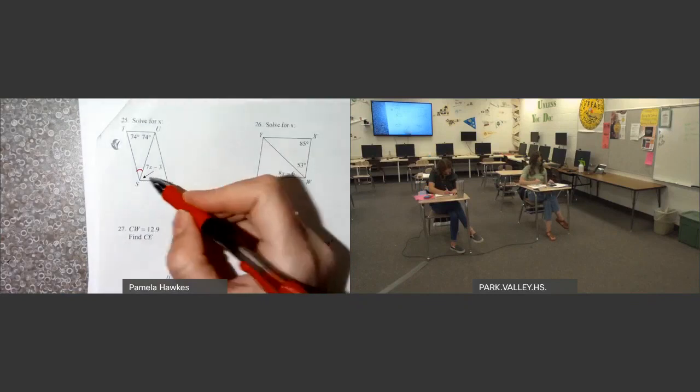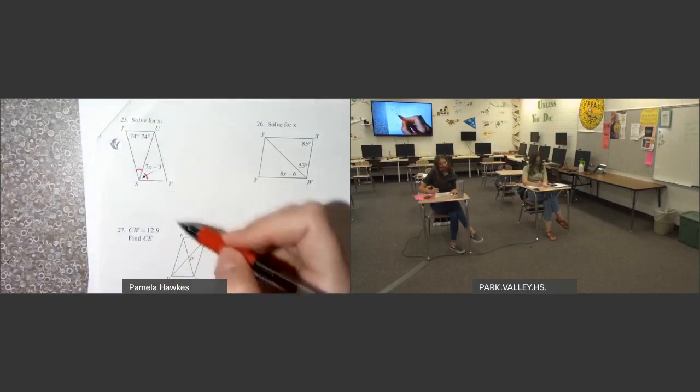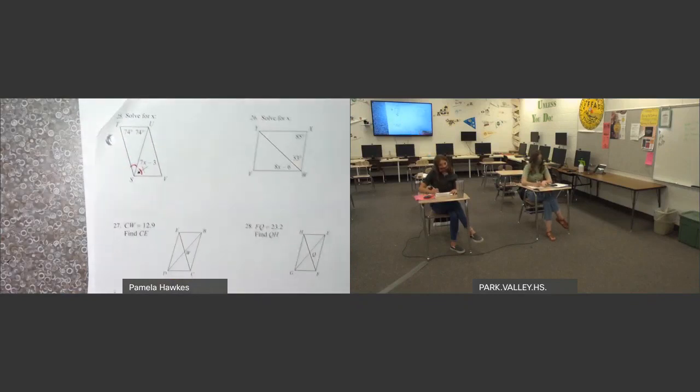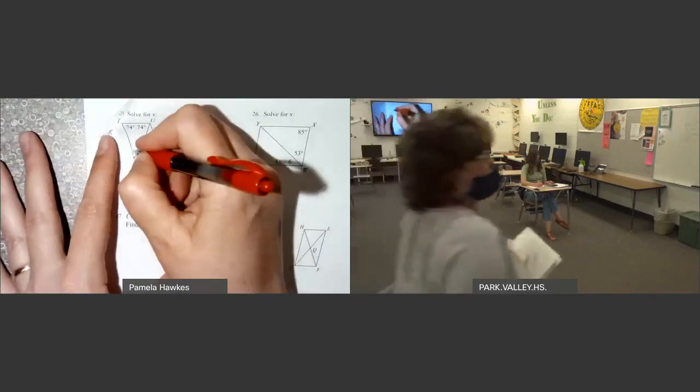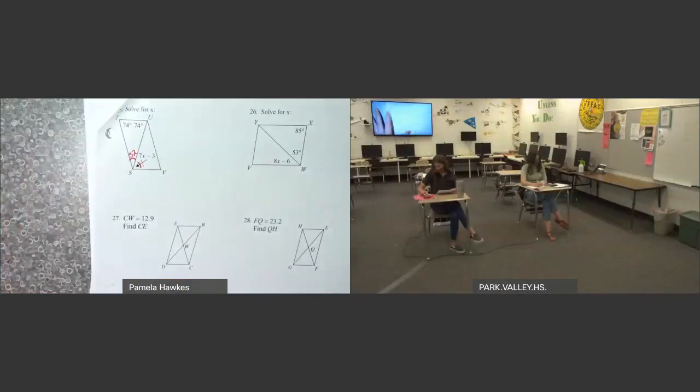I want to know this. It could, so let's do it. What'd you get? I got 32. Is that what you got, Caden? Good, Caden. That's 32.